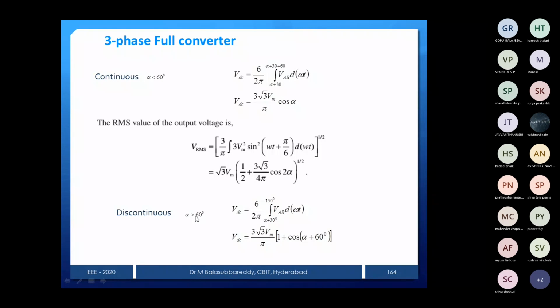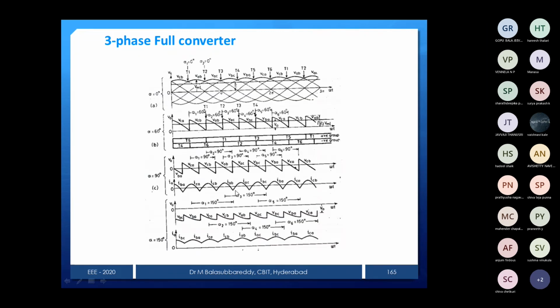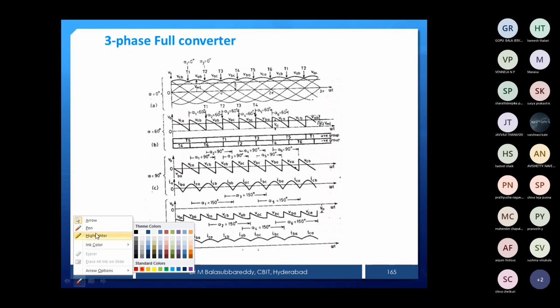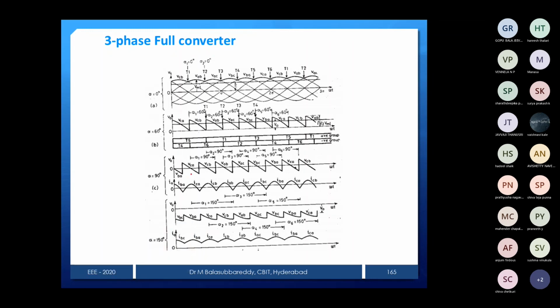And this is the discontinuous mode of operation, only limits will change up to 180 degrees, and this is RMS. The textbooks mention it like this. For a clear-cut explanation, we are required to draw the phase voltages, pulses, then line to line voltages, and then draw the output. That way it is easy.